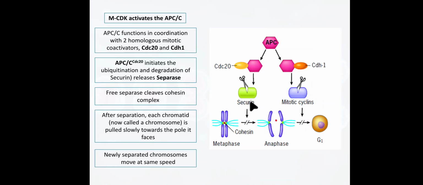It will degrade the securin, which will help the separase to be free, and separase will cleave the cohesin complex. This cohesin complex was present in metaphase, holding the sister chromatids together. After the destruction of cohesin, it allows the sister chromatids to move apart.